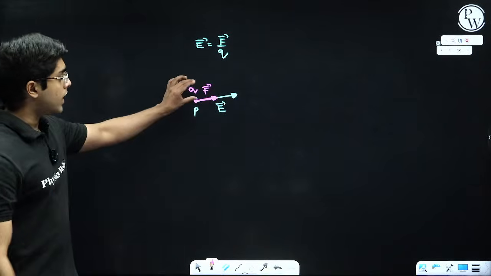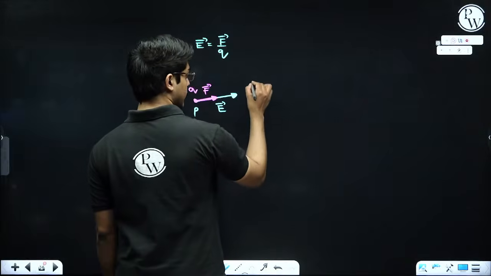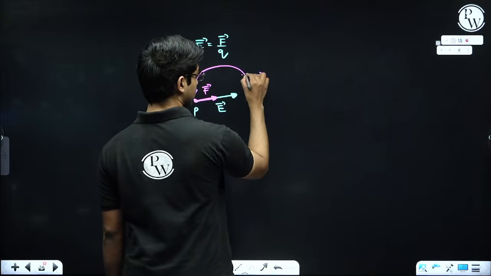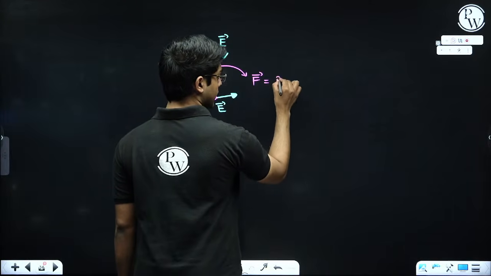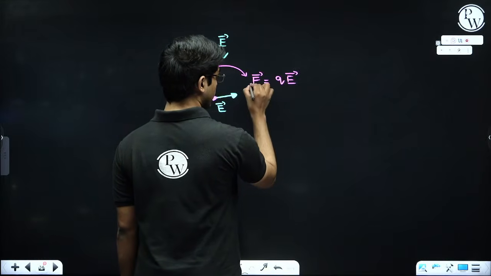That force I can get as Q into E, just multiply Q to the other side. The force that this Q charge will feel, I can write as Q into E vector.